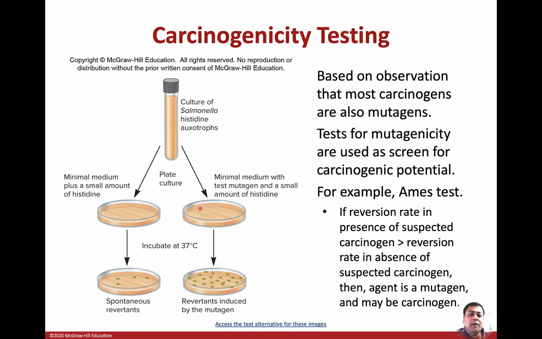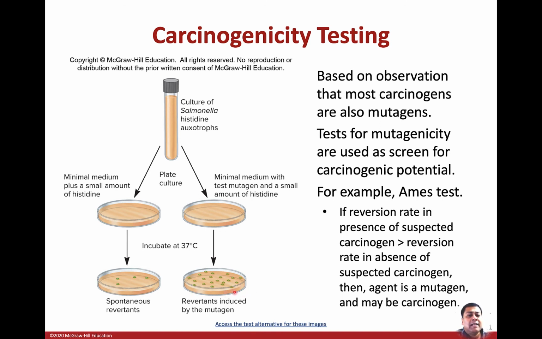On the other hand, here we have added the test mutagen. If the number of revertants is significantly more compared to the spontaneous revertants, we can conclude that probably due to the mutagen present here, the revertants appeared much more readily compared to the control.